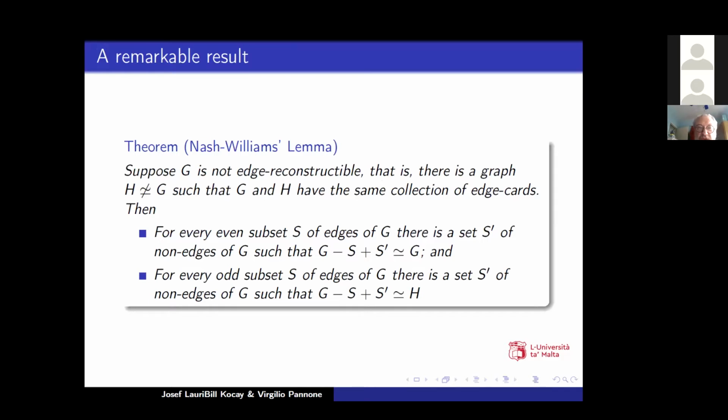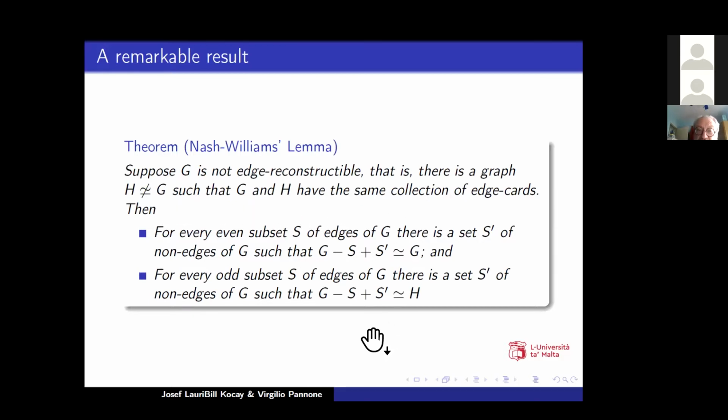I cannot not mention this remarkable result by Nash-Williams, which is derived from Lovász's treatment of edge reconstruction using inclusion-exclusion. It shows to what extent G and H can be made close to each other with edge replacements. Suppose G is not edge reconstructible, that is, there is a graph H, not isomorphic to G, which has the same collection of edge cards.